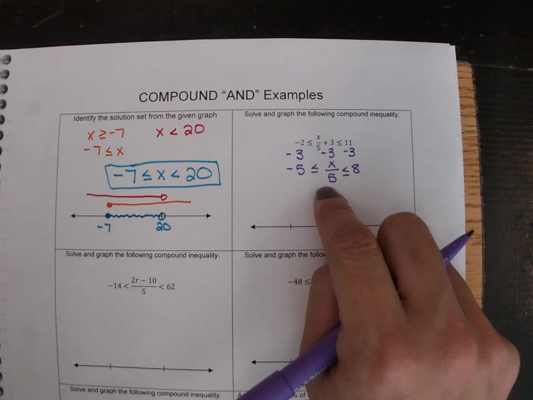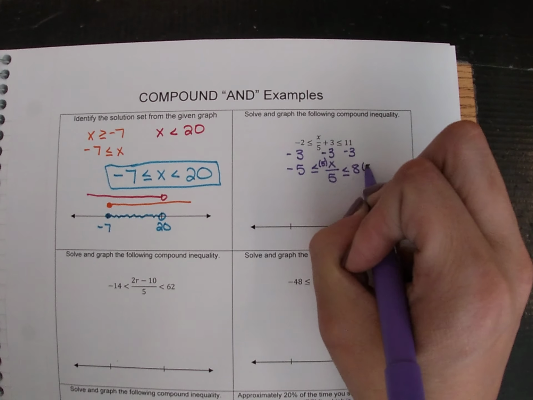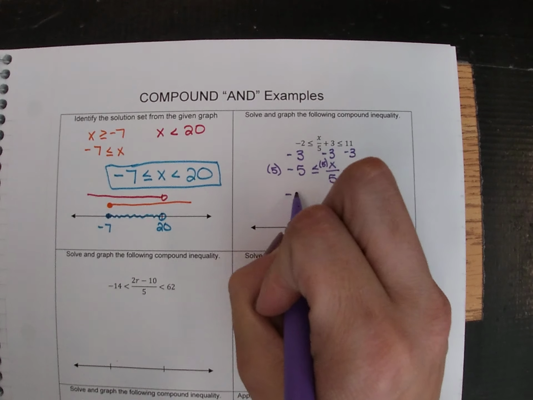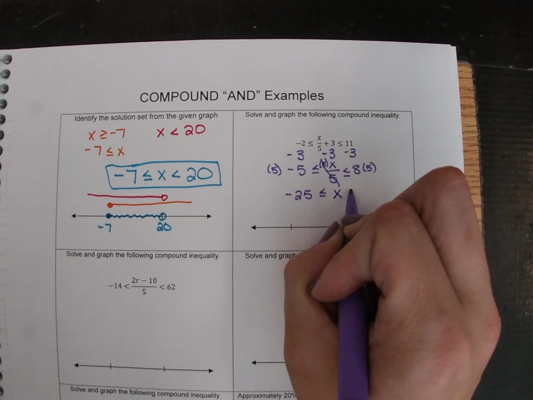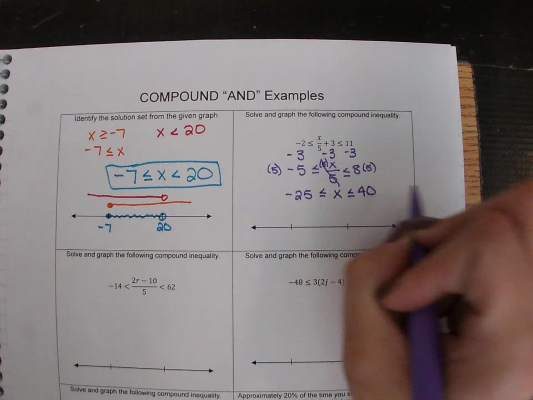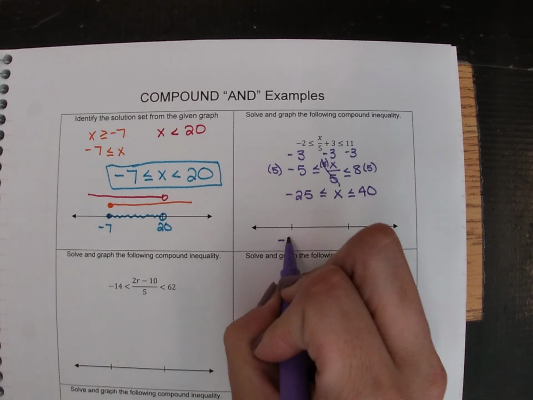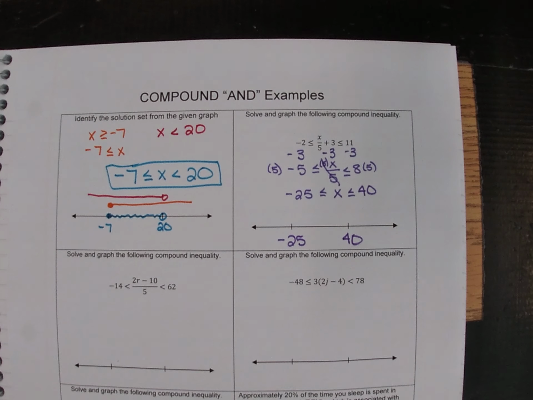Same idea: we will undo division with multiplication. But if we're doing it to two sides, we have to do it to all three. Our 5s cancel. So our smaller numbers go on the left, our larger numbers go on the right.